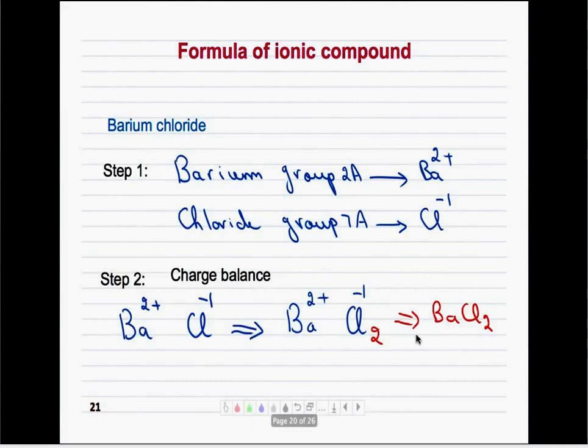If it is 1 plus and 1 minus, the formula is just barium chloride. But if it is 2 plus and -1, it isn't balanced. So what you do is take that number in here, and that's going to be your ionic formula. BaCl2. Okay?